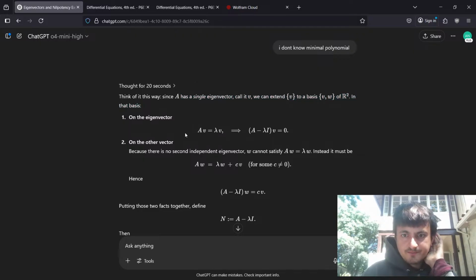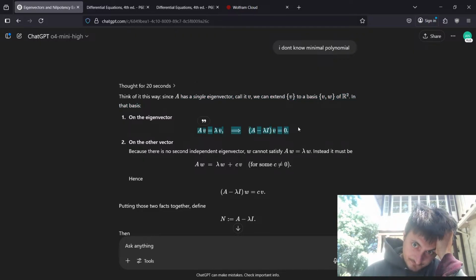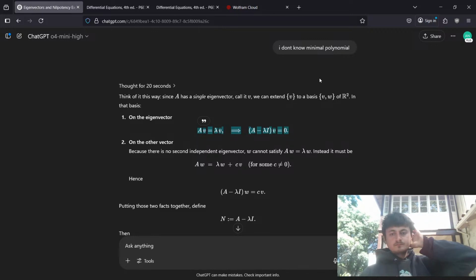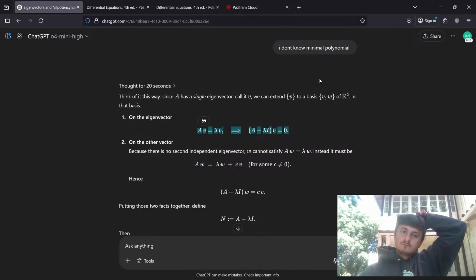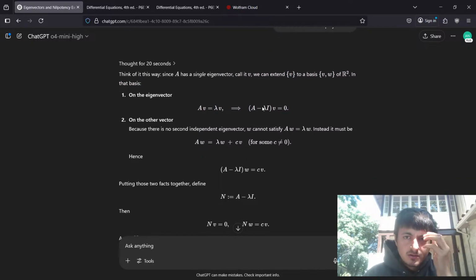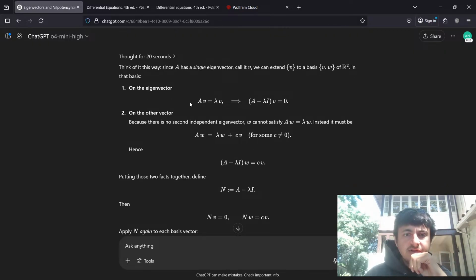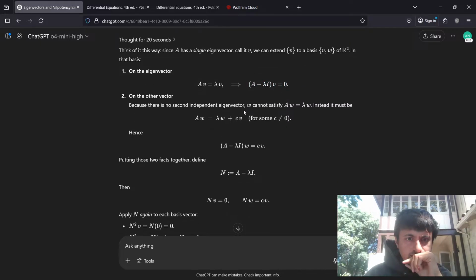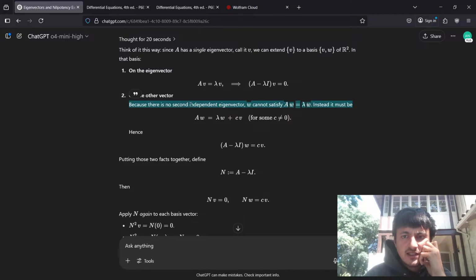In that basis, on the eigenvector, and on the other vector, we can't satisfy that, but instead, it must be that.